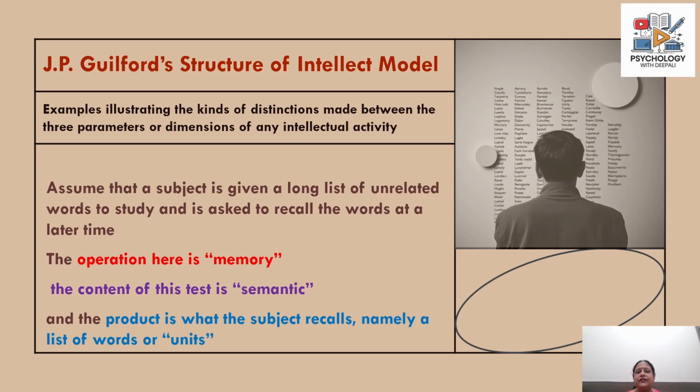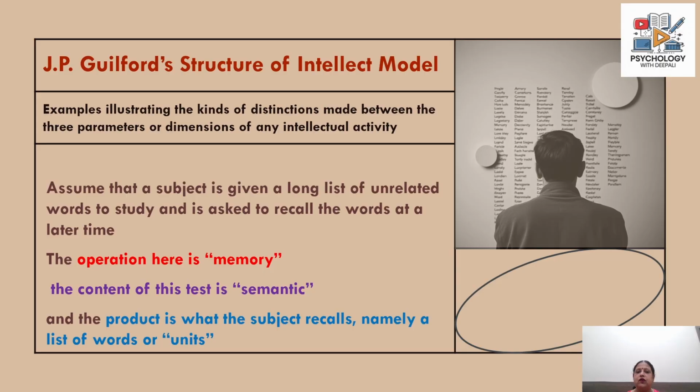Now, we will talk of certain examples to know exactly how we identify which is the operation, which is the content, and which is the product in any particular intellectual task. So if we assume that a subject is given a long list of unrelated words to learn, and he is asked to recall the words at a later time. Now here the operation that he is performing is memory.